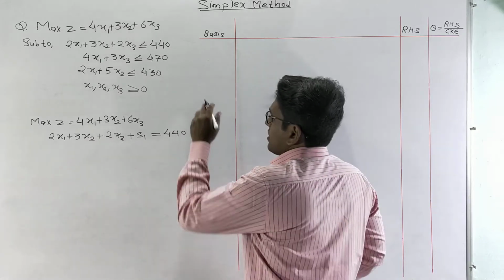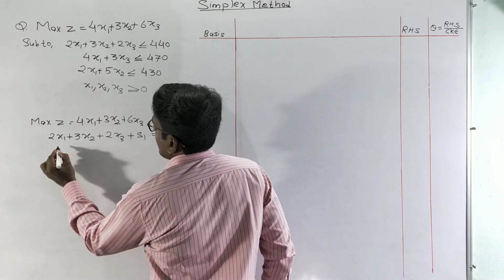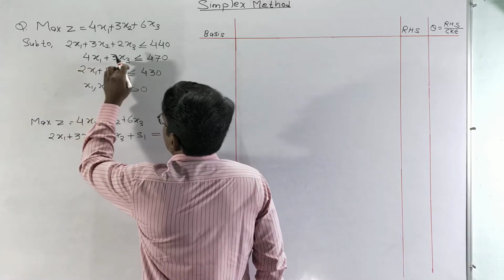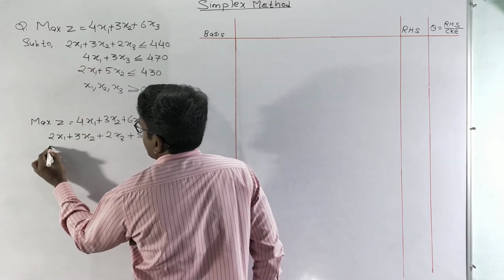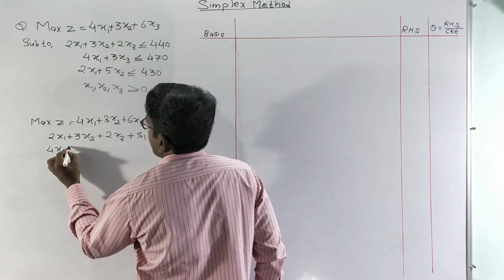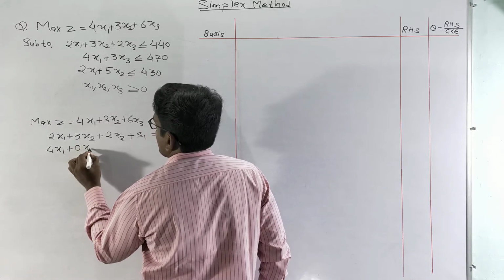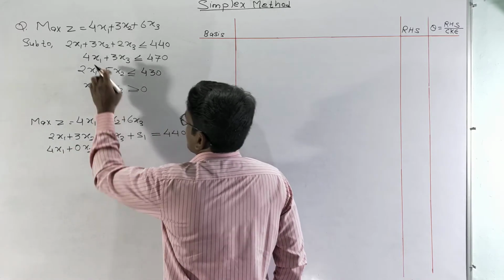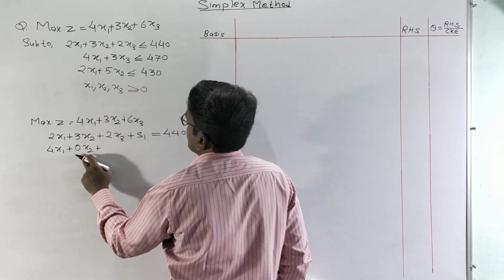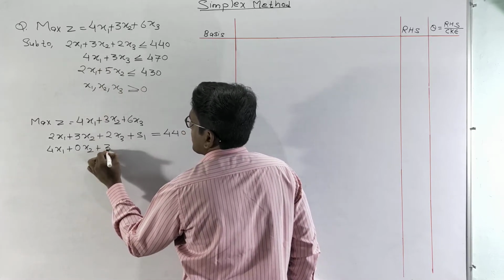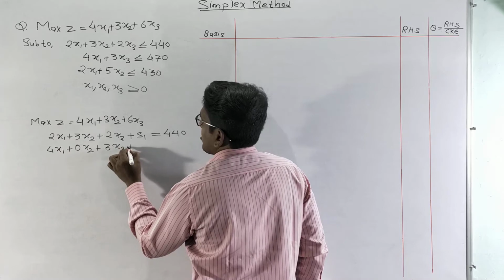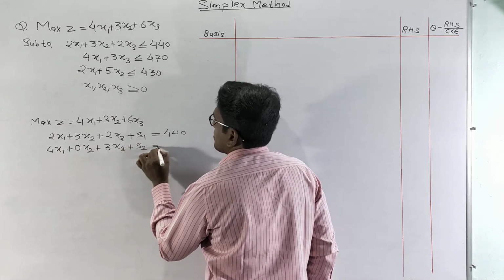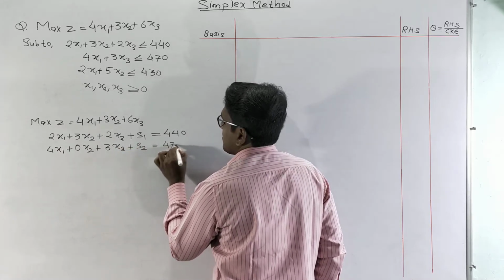And similarly for the next constraint, we can see 4x1 plus 3x3, or I can write this as 4x1 plus 0x2, as x2 is not mentioned, so I have written the coefficient of x2 as 0, plus 3x3 plus s2 equals 470.